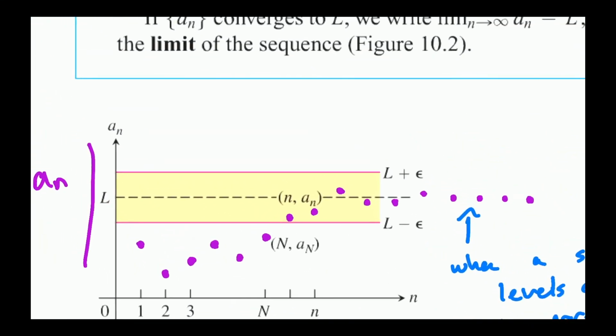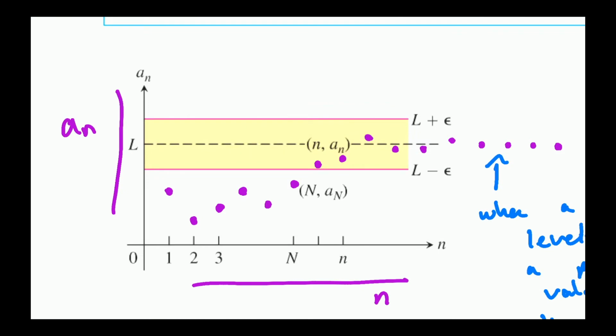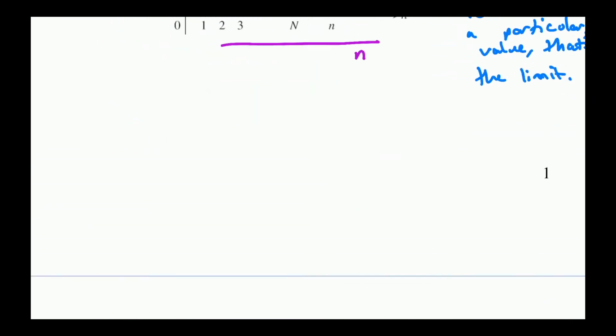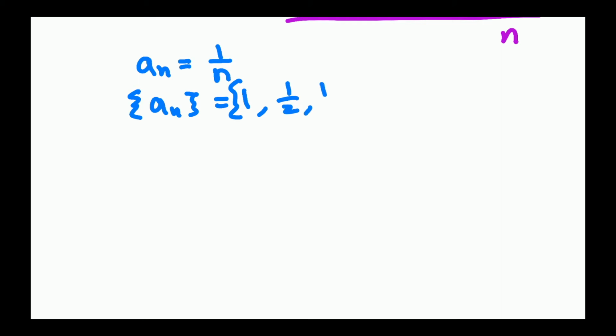Okay? And it's not going to be ever exactly equal to whatever the limit is, but it's going to approach the limit. So like as an example, if you had AN equals 1 over n, then you know what that sequence looks like, right? AN is curly braces 1, 1/2, 1/3, 1/4, 1/5, dot, dot, dot.